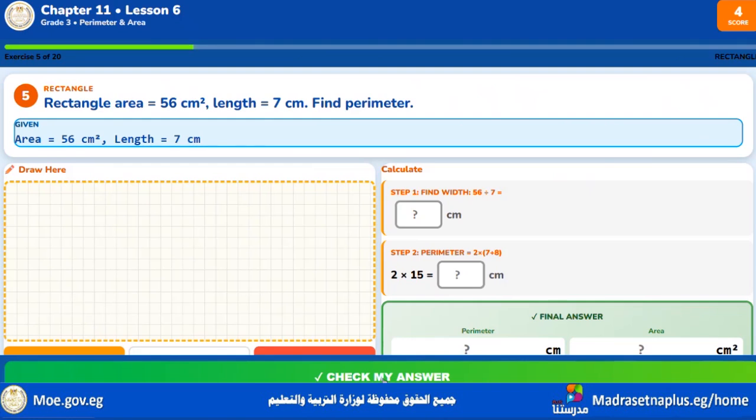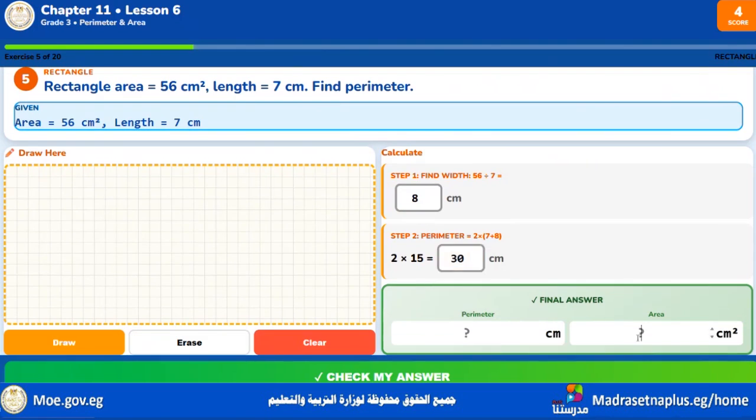So which number, if you times it by 7, gives 56, or another way, 56 divided by 7 equals 8. Now we have 2 dimensions of the rectangle, 7 and 8. 7 and 8 equals 15. So 2 times 15 equals 30. Now the area is 56 and the perimeter is 30.